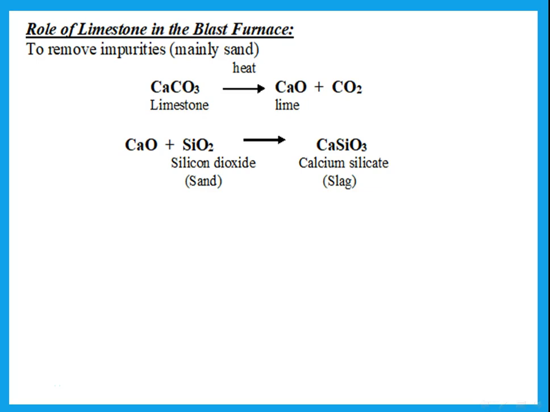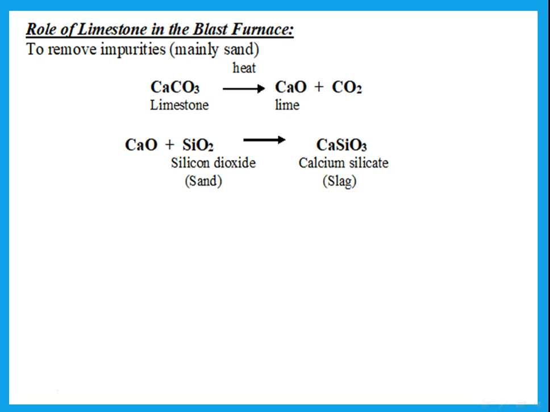Now it is the calcium oxide that reacts with the sand, or what we call silicon dioxide. When these two react, they form something called calcium silicate. Now my first question is, why do you think these two react? Calcium oxide is a base. What do you think is silicon dioxide?